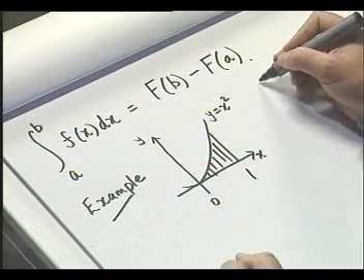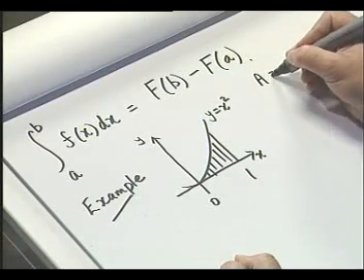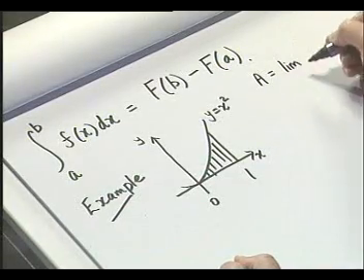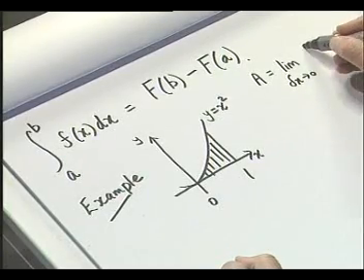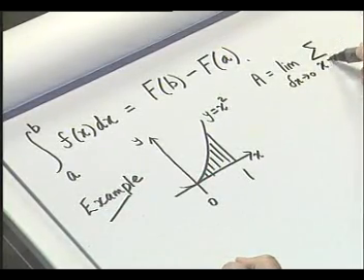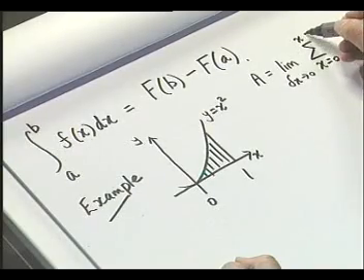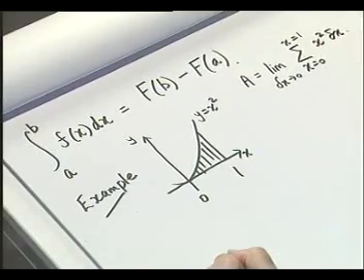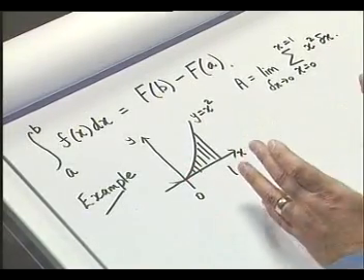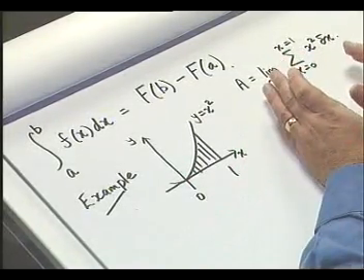That gave rise to this formula, that the area is the limit as delta x tends to 0 of the sum from x equals 0 to x equals 1 of x squared delta x. So the area was expressed as the limit of a sum. And in turn, that defines the definite integral from x is 0 to 1 of x squared dx.